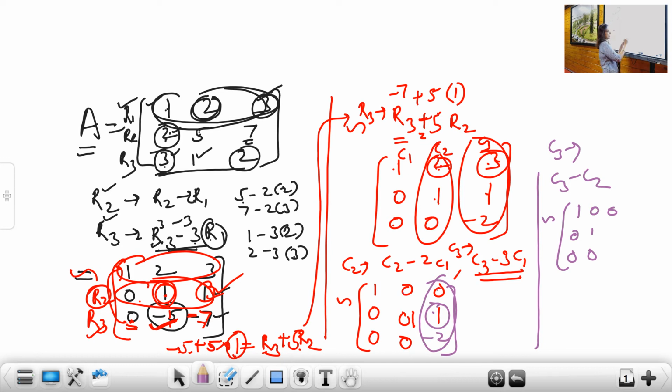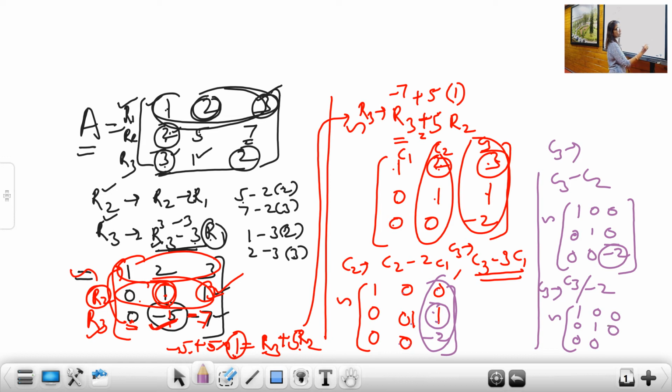So 0, 0 minus 0 is 0, 1 minus 1 is 0, minus 2 minus 0 is minus 2. Can you tell me quickly how to make this element 1? You will divide the third column by minus 2. So the first column is the same, the second column is also the same, because I am changing only C3. 0 by anything is 0, 0 by anything is 0, minus 2 by minus 2 is 1. So this is your matrix.